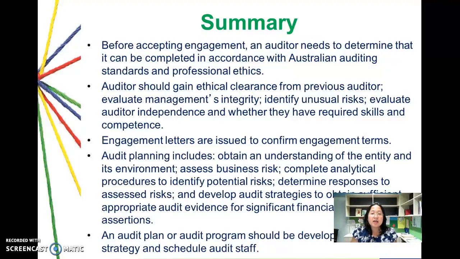If this is a first year engagement, they need to contact the previous auditor to see the reason why the auditor was changed, and evaluate management integrity. They need to issue the engagement letter and then perform the audit planning. An audit plan or audit program should be developed to reflect the strategy, the schedule, and the staff. So that is all for chapter 5.